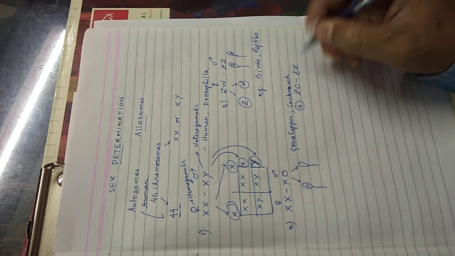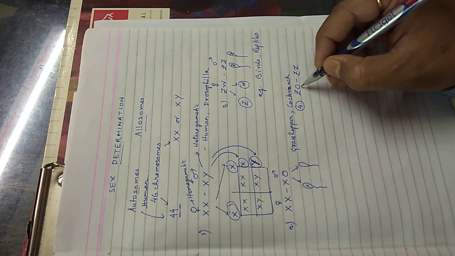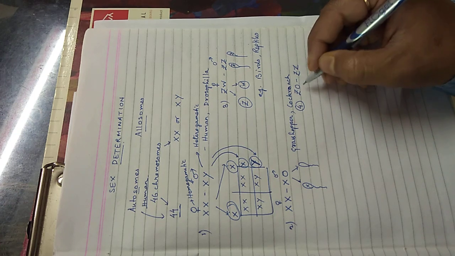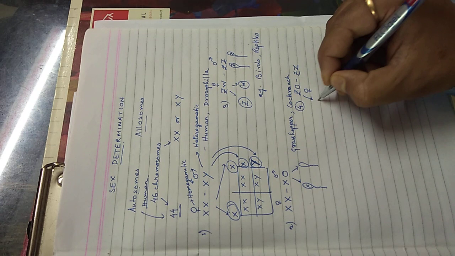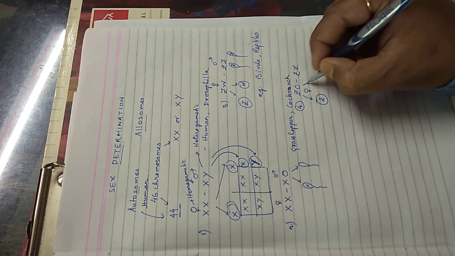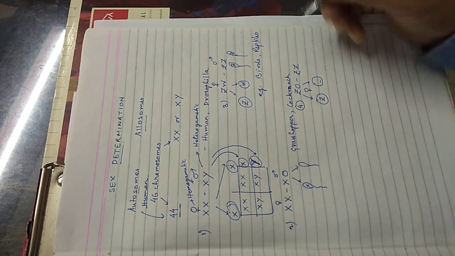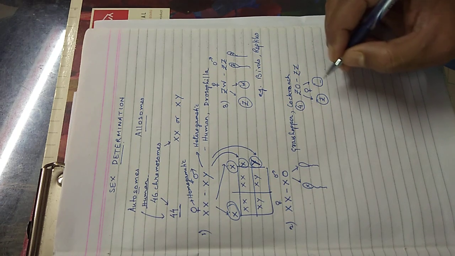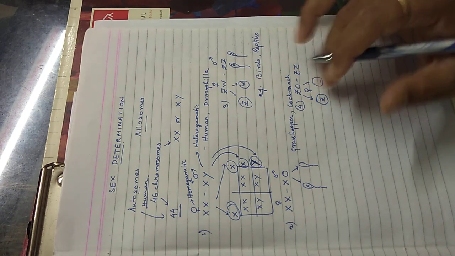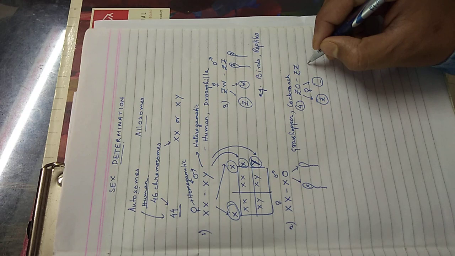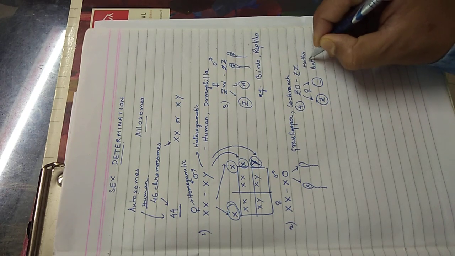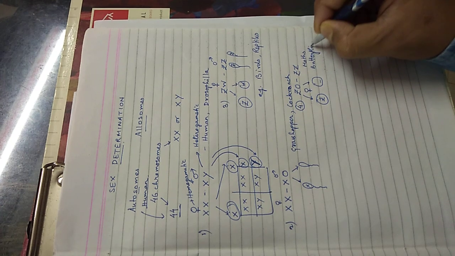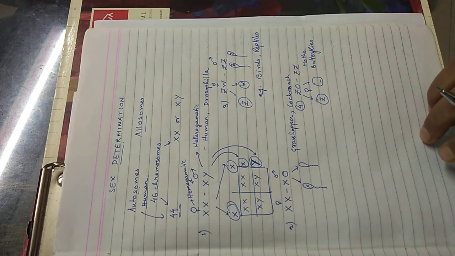In ZO-ZZ type, O means there is also female heterogamety, but one egg will have the Z chromosome and the other egg will be blank. This type of sex determination is found in certain moths and butterflies. So these are the four basic types of sex determination.